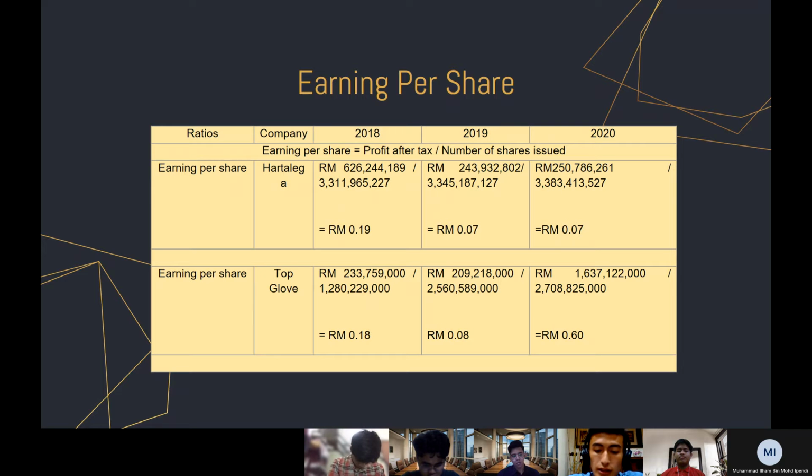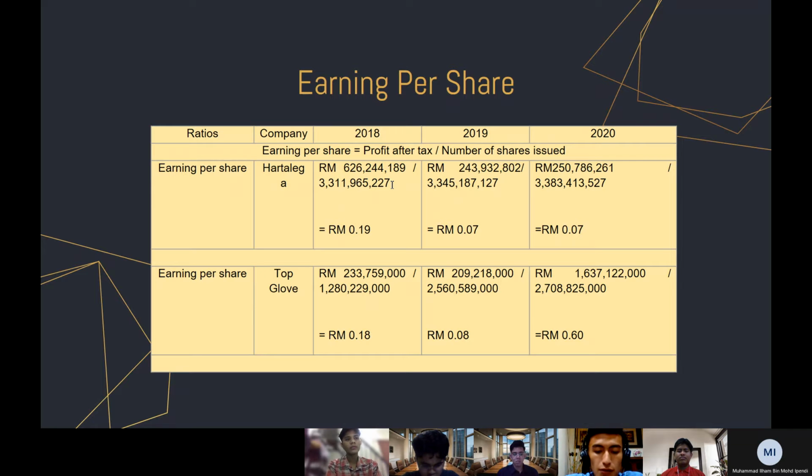For the number of outstanding shares, Hartalega Holdings Berhad has better compared to Top Glove Corporation Berhad for all the years, which are 2018, 2019, and 2020.